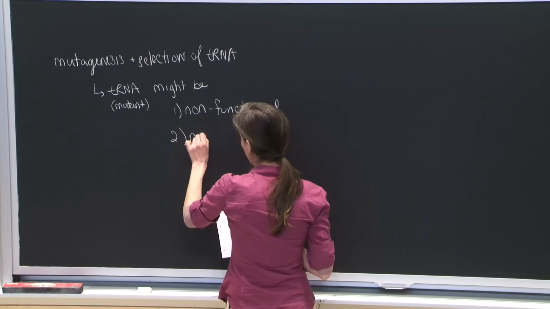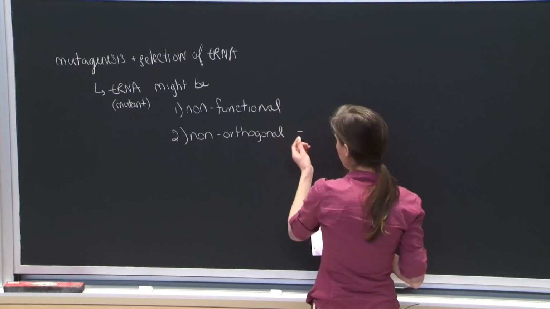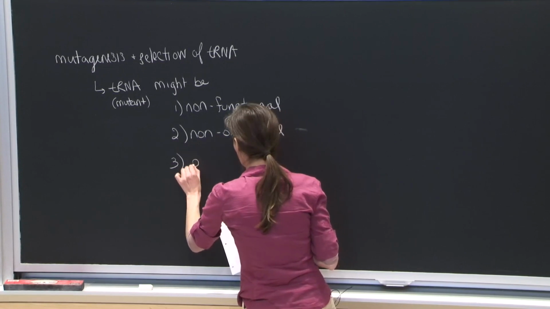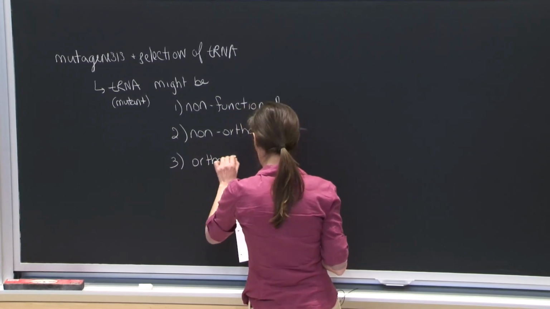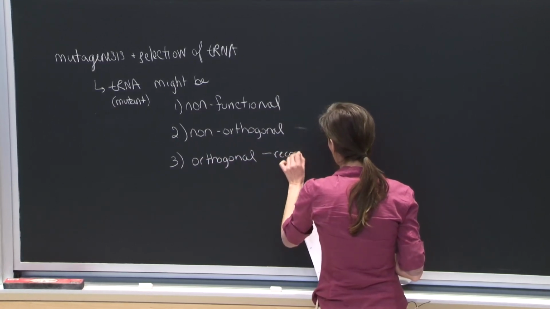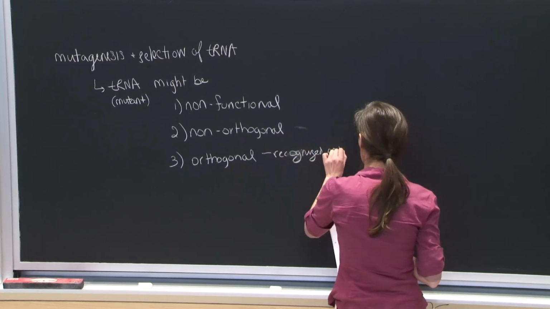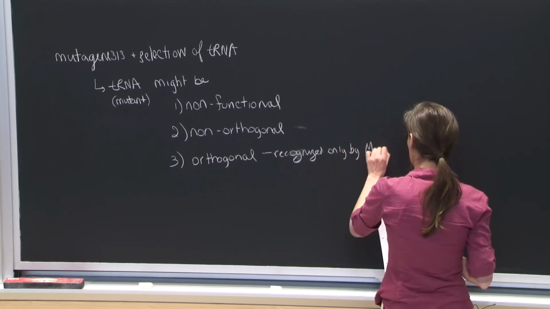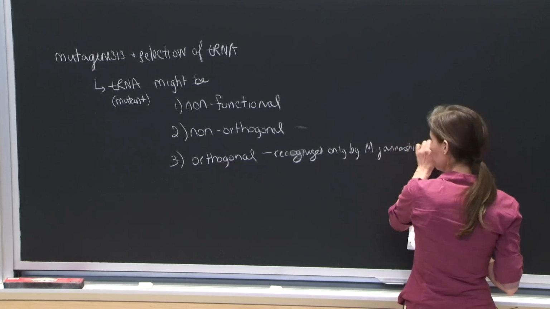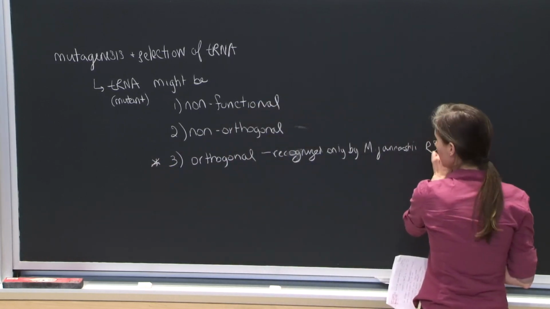It might be non-orthogonal, meaning that it's recognized by the endogenous E. coli machinery, or it may be orthogonal, so recognized only by the desired synthetase. And this is what needs to be selected for here.